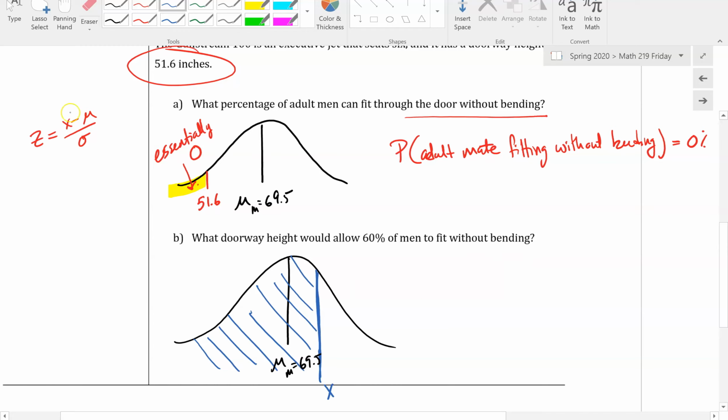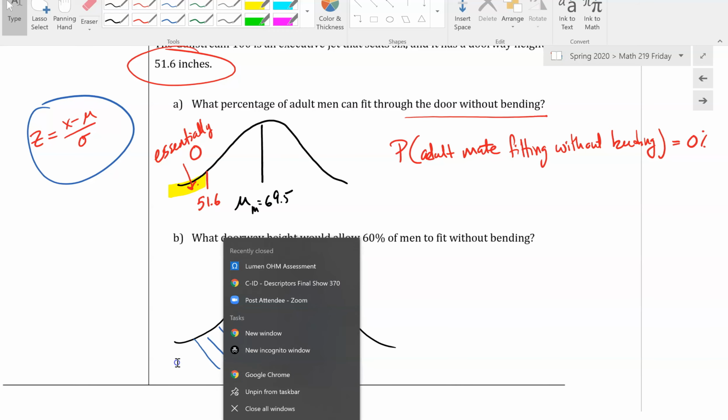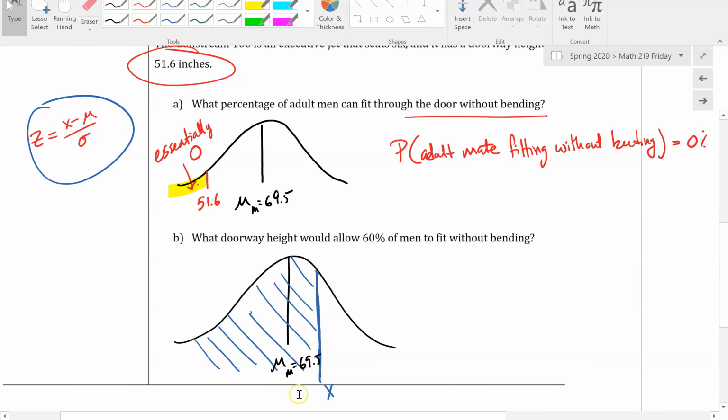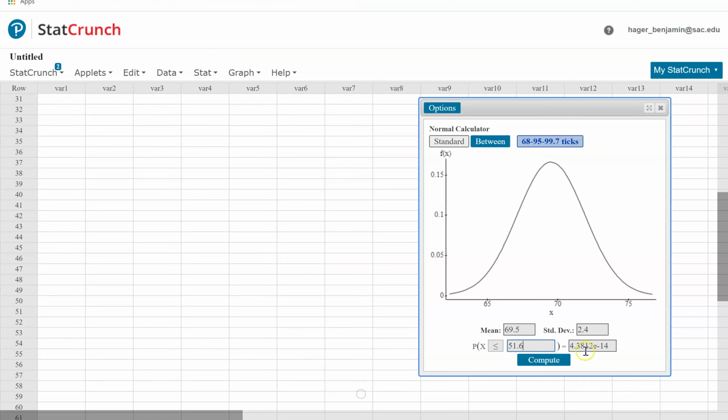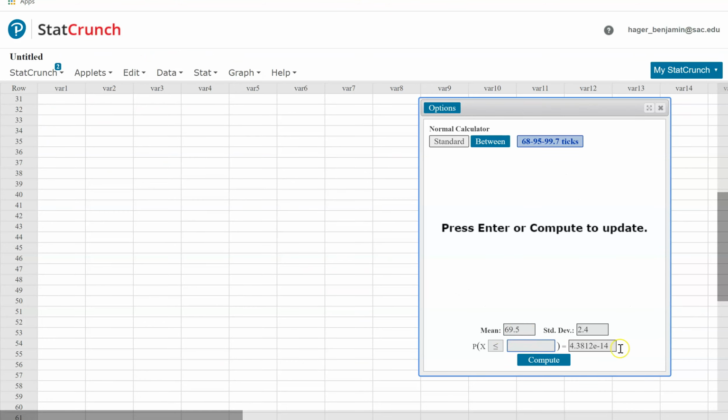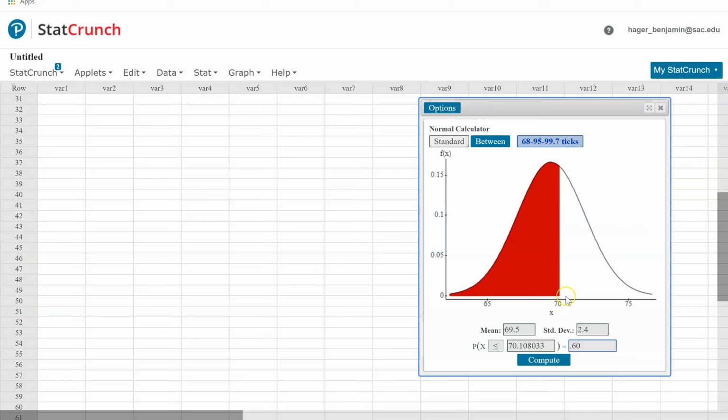You can do this with a z-score and a z-table, but I'm going to do it with StatCrunch. So in this case, again, they're giving me the area, but not the data value. Same mean, same standard deviation. I do not know the data value, but I know the area I want is 60%, 0.60. The mean would be right around here, the tallest point.